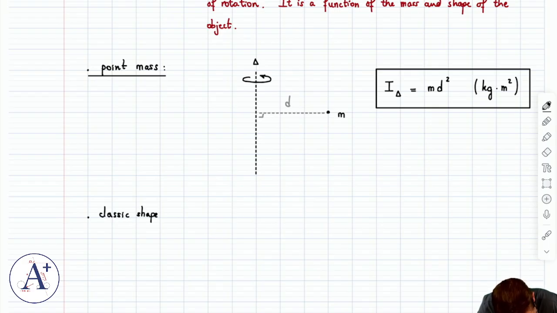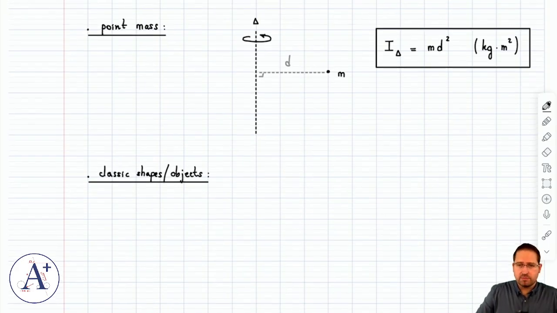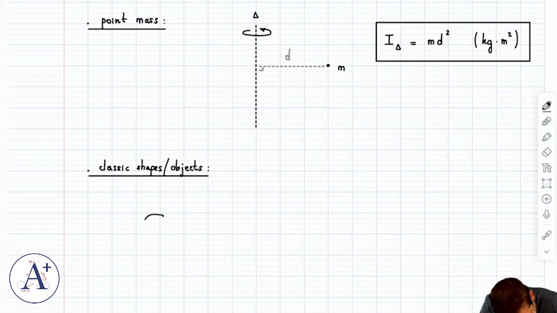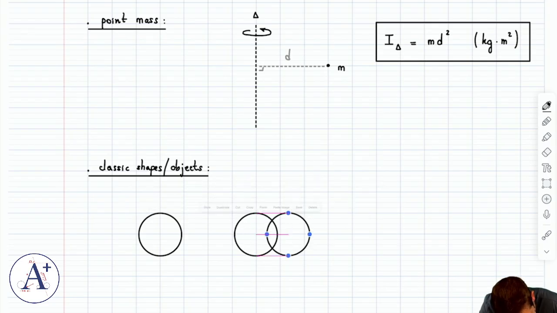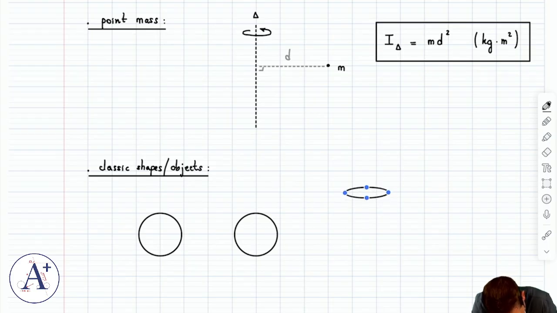Okay, so then let's look at classic shapes or objects. Now these are going to have a moment of inertia that is typically given, because there is really no point in memorizing the moment of inertia of a hollow sphere, of a solid sphere, or of a cylinder or anything like that. That's honestly just a bad use of brain space.